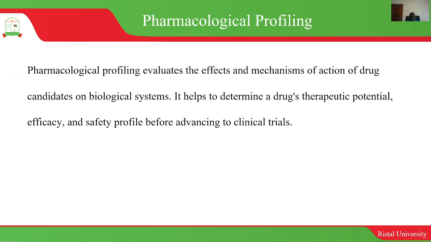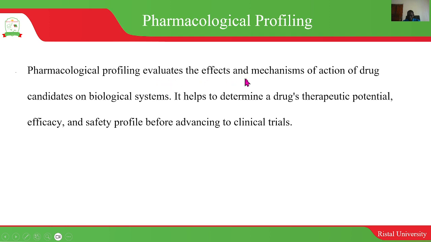Pharmacological profiling. This evaluates the effects and mechanisms of action of a drug candidate on biological systems. It helps to determine a drug's therapeutic potential, efficacy, and safety profile before advancing to clinical trials. So that means before we start a clinical trial, be it a randomized control trial, the first thing we need to do is what we call pharmacological profiling, which is an evaluatory process.